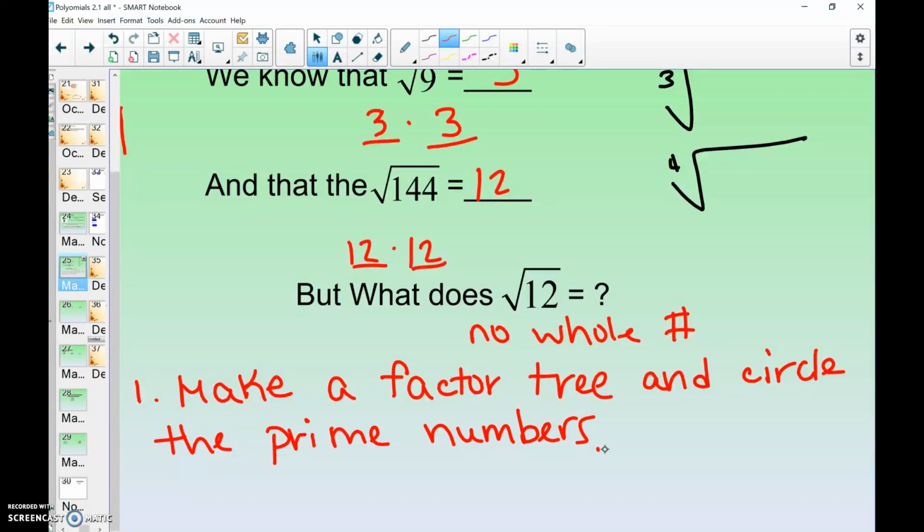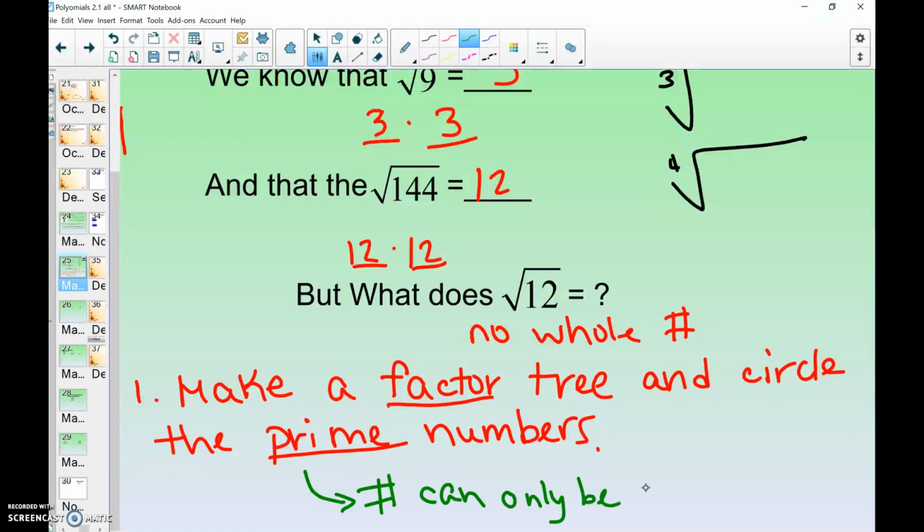Now, something you need to know in order to understand that step is what prime numbers means. A prime number is any number that can only be divided, hopefully you're remembering it in your head as I say it, only be divided by 1 and itself. So, for example, the number 2 can only be divided by 1 and 2. 3 is also a prime.